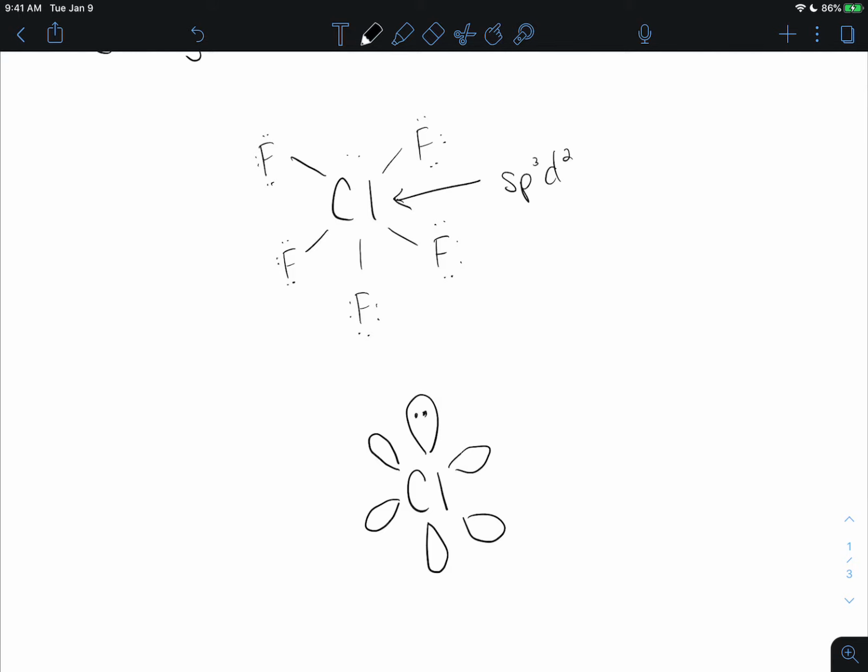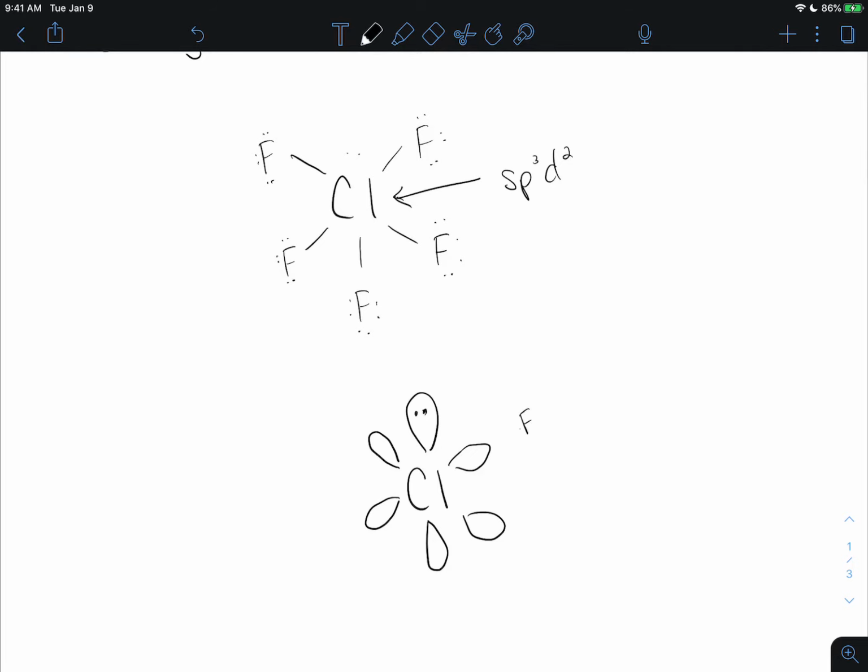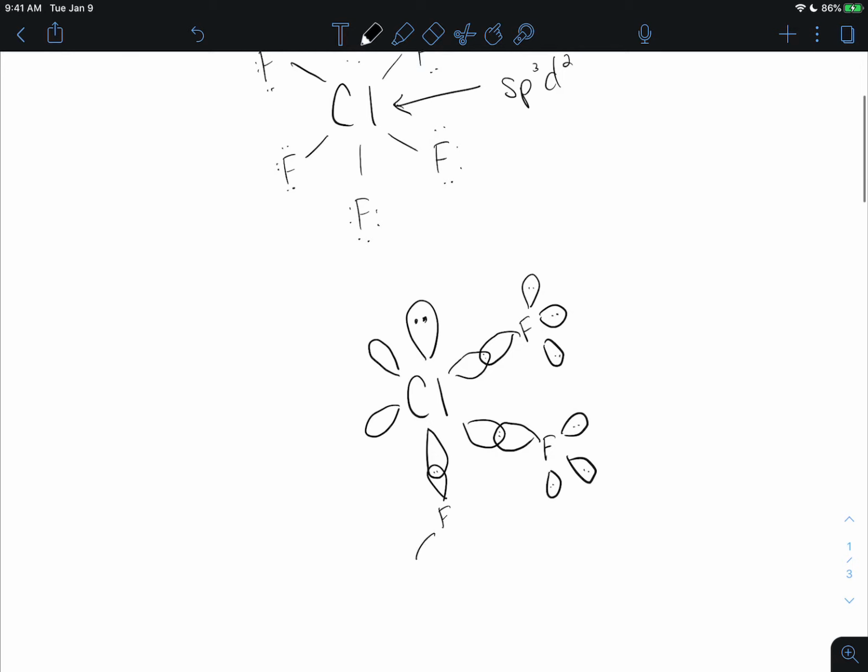Each of these are our sp3d2 orbitals, and then we'll have our fluorines around that, like so, where we're putting electrons in these orbitals. Fluorine itself only has 4 orbitals around it, because it only has 4 electron domains around it. So it will look something like this.